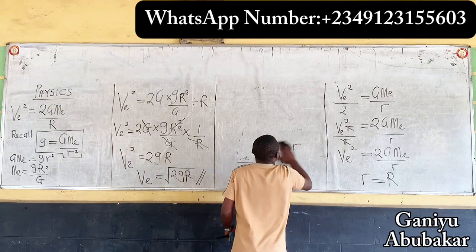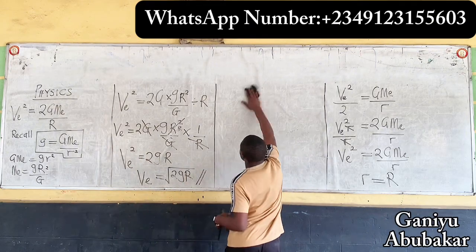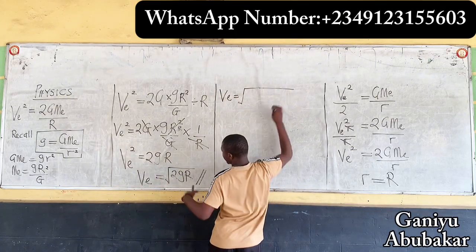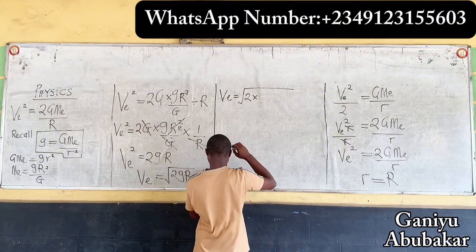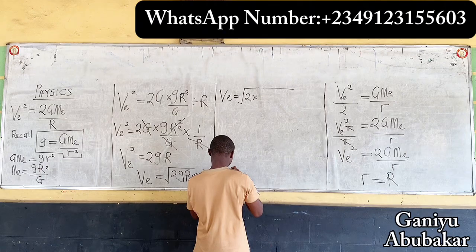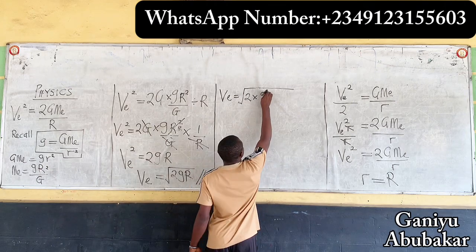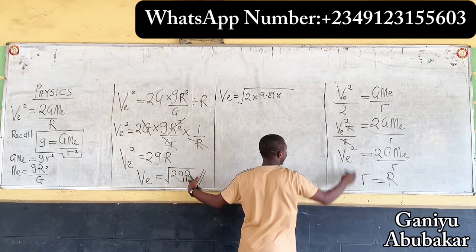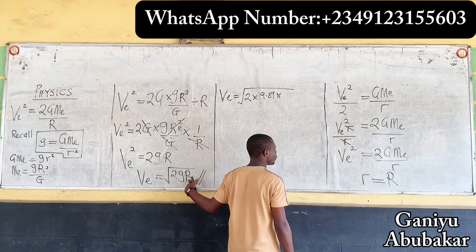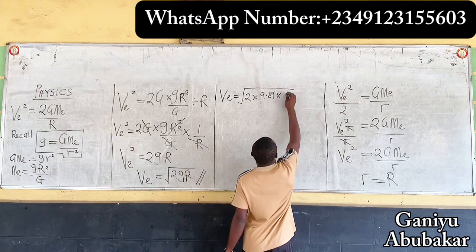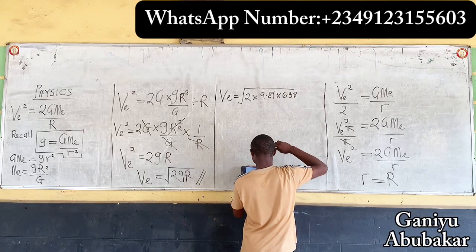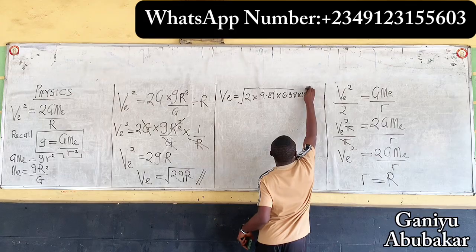Let's get Ve. What will be Ve? From here, Ve will be equal to the square root of 2 times 9.81, that's your small g, times what's R? I gave you R earlier. I said R is called radius of Earth and is given as 6.38 times 10 to the power 6.